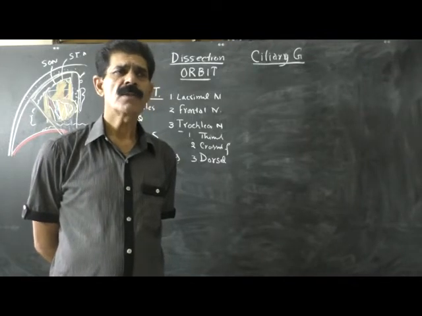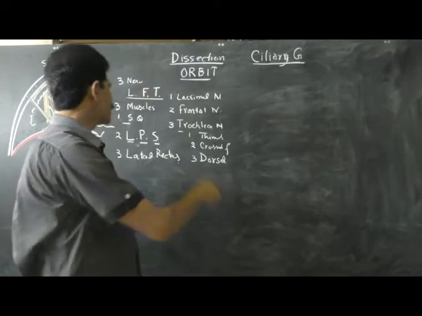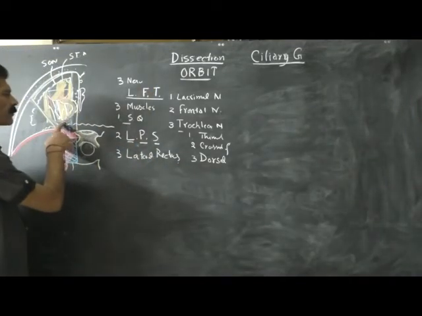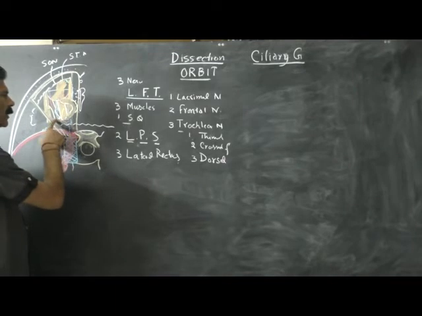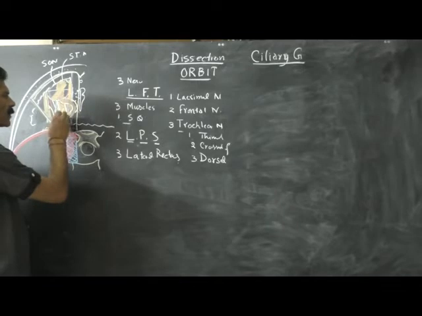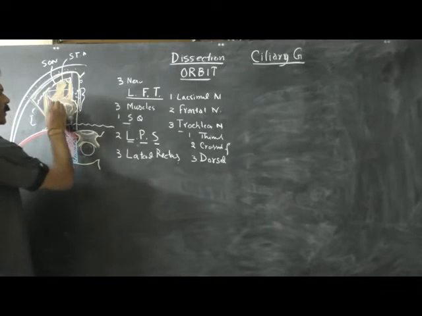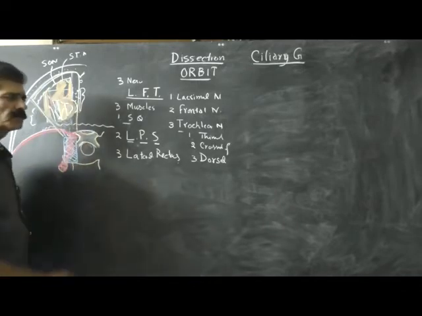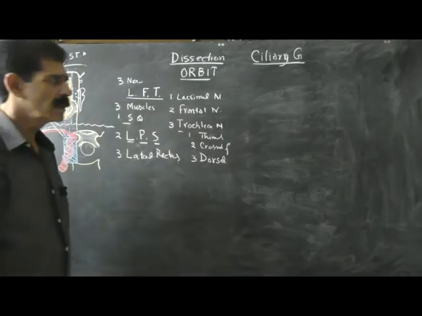The anatomical position, we have already seen, is that it lies just near the apex of the orbit, between the optic nerve medially and laterally, and it is hanging from a branch of the oculomotor nerve which is supplying the inferior oblique muscle. That is the anatomical position.